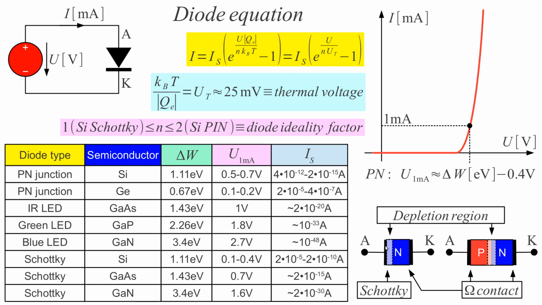Schottky junctions have an even lower voltage drop than the band gap. It still follows the band gap, so the wider the band gap, the larger the U1 milliamp, but this voltage is far lower than the voltage on the p-n junction. So Schottky junctions will behave in a different way.